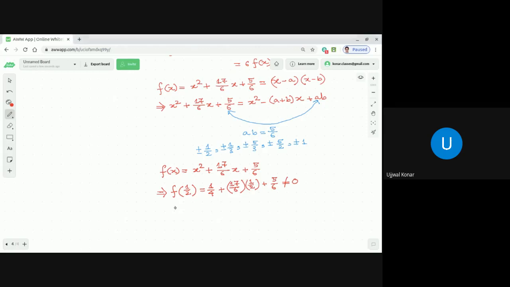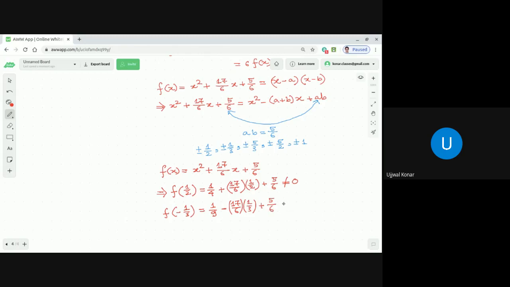Then what are we going to do? Now let's find f(−1/3). If we find f(−1/3), we see that (−1/3)² is 1/9, minus (17/6) into (1/3), plus 5/6.